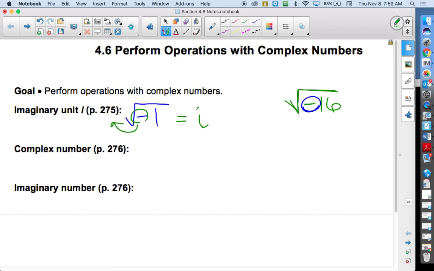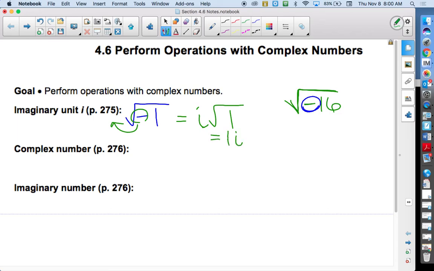So the imaginary unit, the negative part is what creates the I. When there's a negative underneath, we're going to pull that negative out and make it an I. I make mine with a little curly tail on it, kind of italicize it. You can make yours however you want, but you'll see it as kind of an italicized I. When you pull that negative outside, you have a positive number back underneath the square root, because that's when you can take a square root of a number, when it's positive.